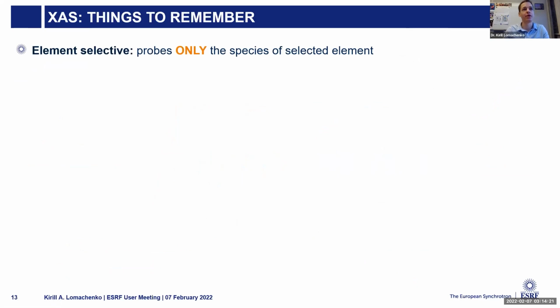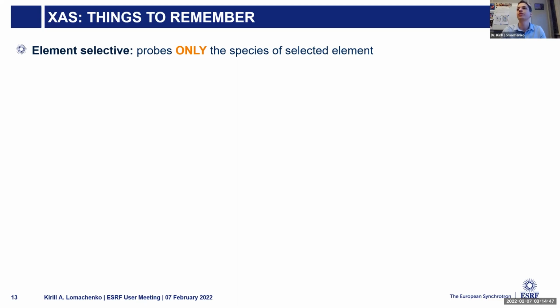So the thing to remember about XAS is that it is an element selective technique. So it probes only the species of the selected element. Why? Well, because you measure a particular edge, you select which edge to measure. So if you measure a platinum L3 edge, that means that you sit on your platinum atoms inside your sample and you look around and you see only things that are around your platinum atoms.